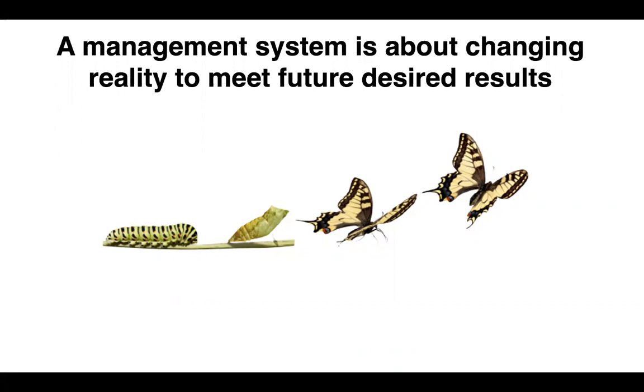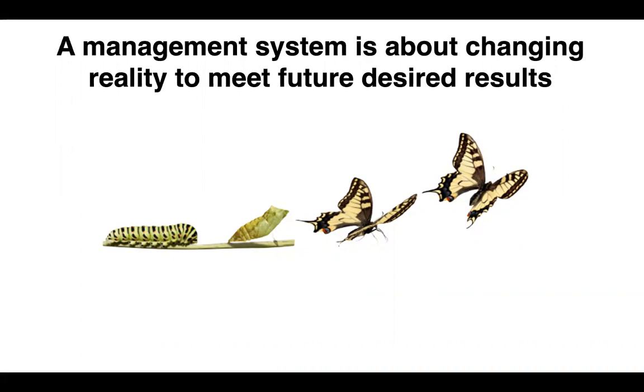Can you think about the consequences of this definition of management system? A management system is not about procedures, it's not about documents, it's not about stability. It's about changing reality to meet future desired results. It's about commanding an organization into a desired future.